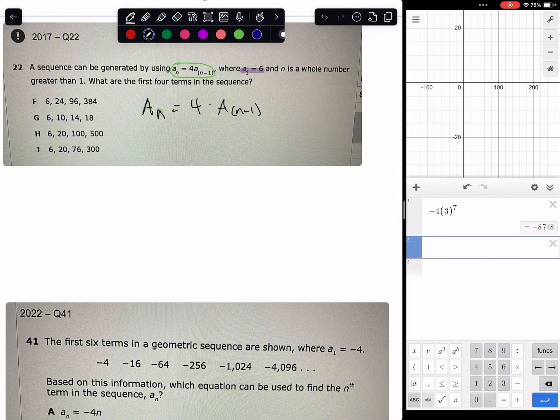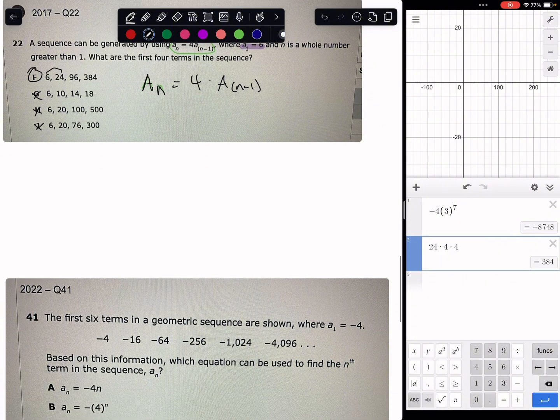Is that 20? No. 6 times 4. No. 6 times 4. No. 6 times 4. Yes. And then 24 times 4 is 96. Times 4, 384. So the correct answer would be F. See, it's not that challenging.